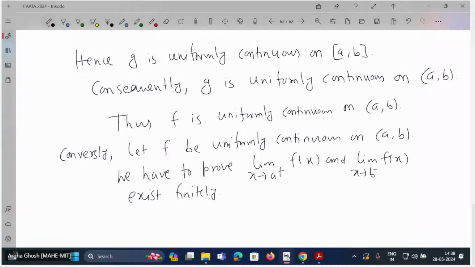Now how to approach? Try to show that a sequence converges to a, f of x will also converge to some limit, not exactly f of a, because f of a is not defined.